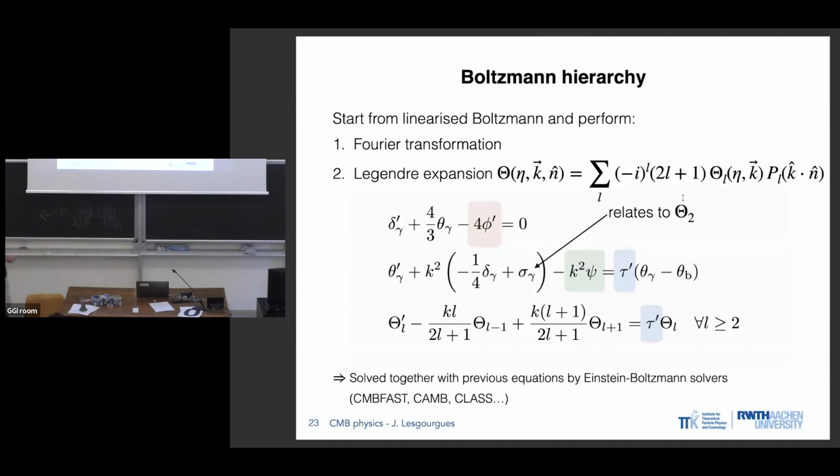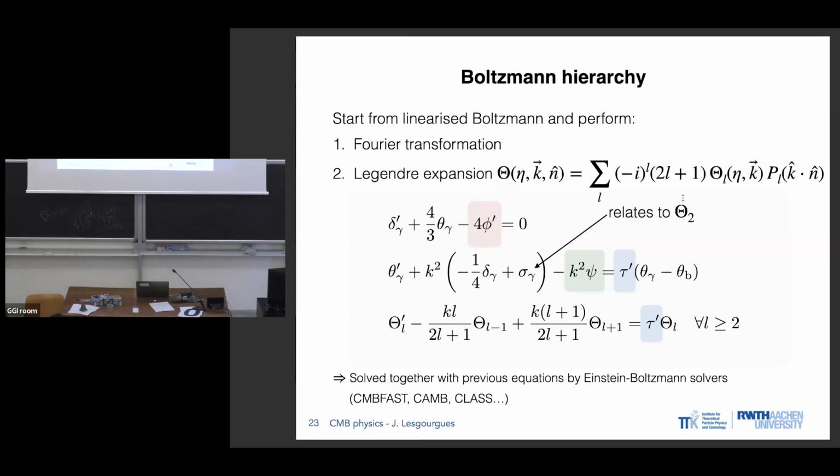And unsurprisingly, because stress energy conservation must still be fulfilled by photons, the first equation for L equals 0 is nothing but the continuity equation of the photons, similar to the continuity equation we wrote before. And the L equals 1 equation is actually the Euler equation of the photon.